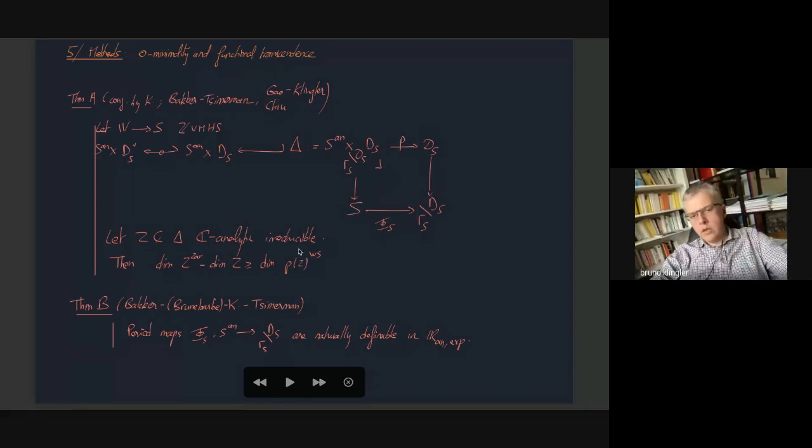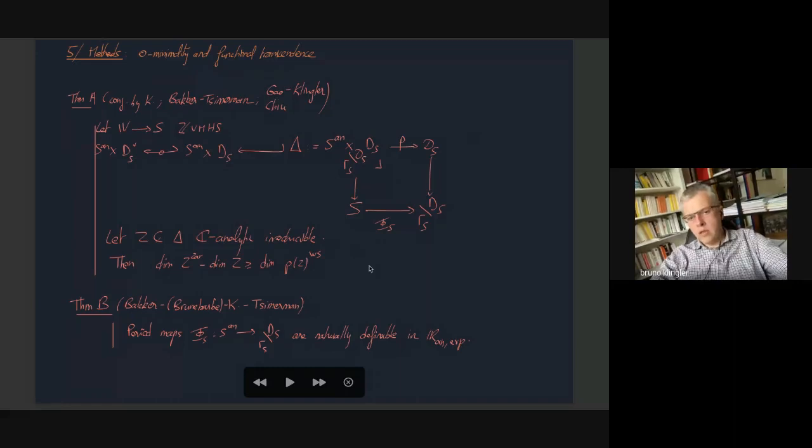Then this statement tells you that automatically the Zariski closure of something algebraic in D projected to S has to be weakly special. This is an extremely strong statement that constrains a lot the geometry of this diagram and tells you that this map phi S has a very good transcendence property, in fact.